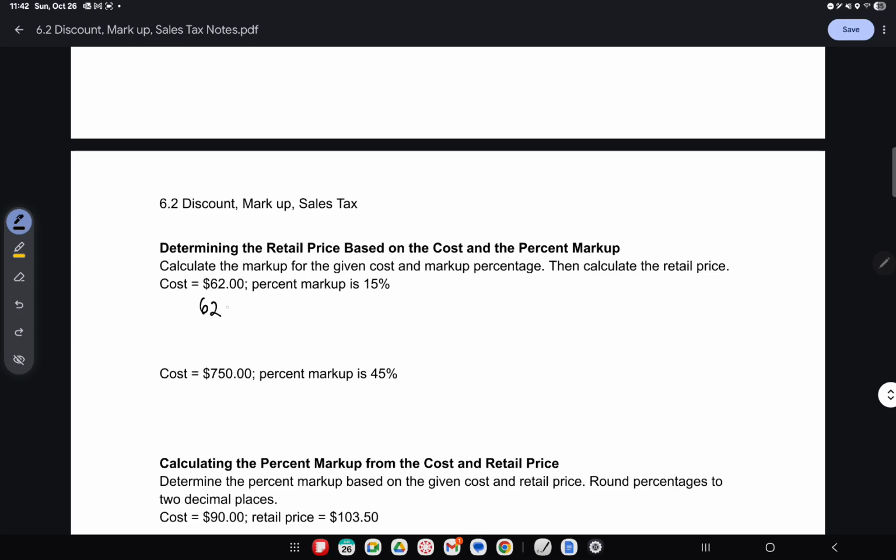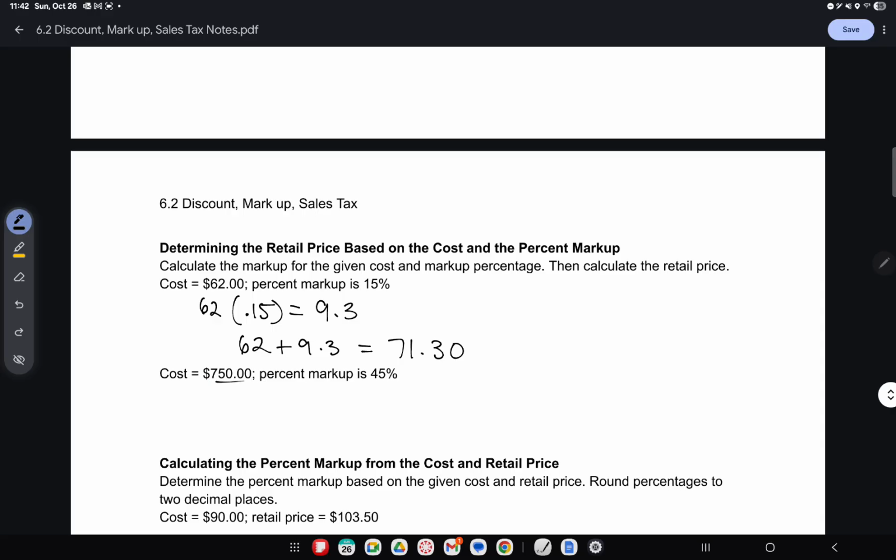So 62, and then we'll multiply by that markup, so 0.15. So 62 times 0.15 is 9.3, and then we'll add the two together. So 62 plus 9.3 is 71.30. Adding that zero as a placeholder because it's money.